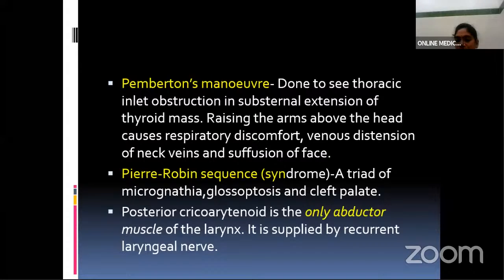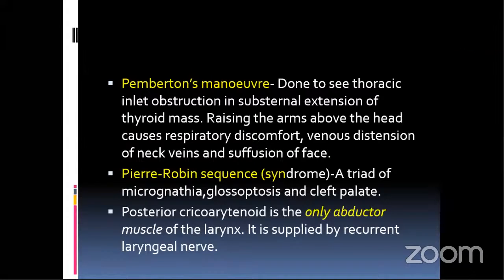What will you do? We ask the patient to raise the arms above the chest or head level. If the mass is so big, it will compress the venous structure, like the vena cava, and cause venous distension.